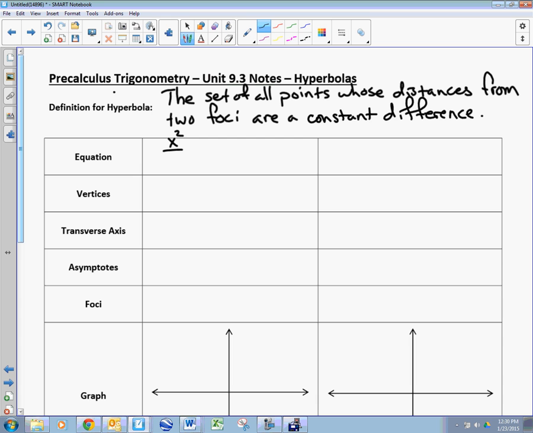x squared over a squared minus y squared over b squared equals 1, only there's a subtraction sign. The other one is y squared over a squared minus x squared over b squared equals 1.